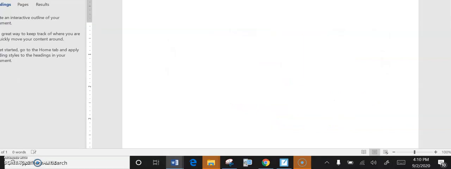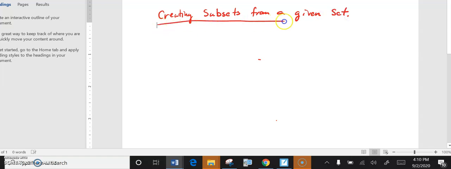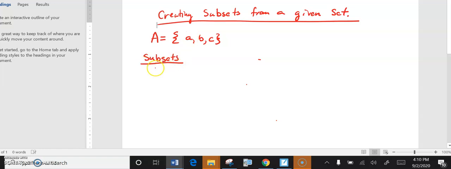Okay, the last idea is talking about creating subsets from a given set, okay? Now, suppose I tell you that set A is made up of the letters little a, little b, and little c. The subsets that we could create would be, well, I could take just one item.